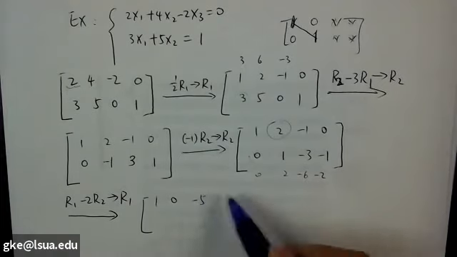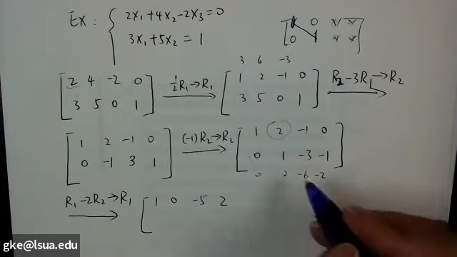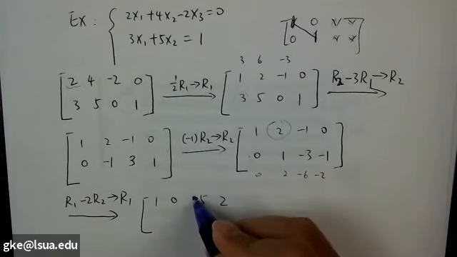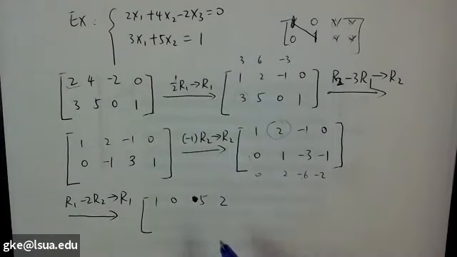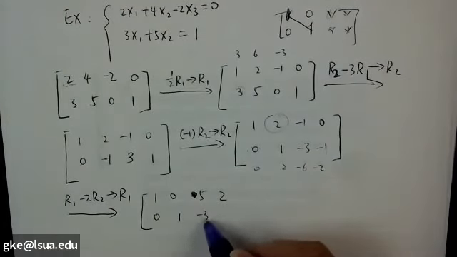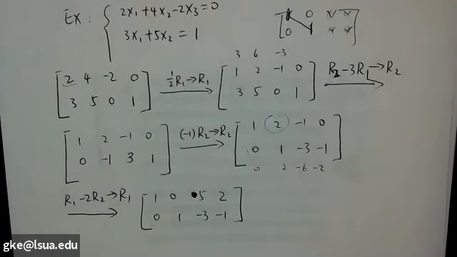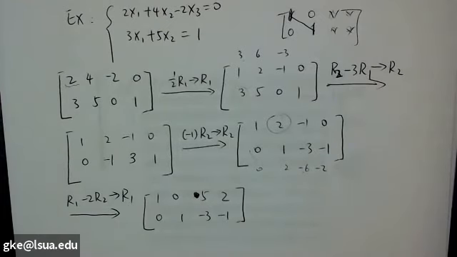Going to be a negative 5, 2. Oh, sorry. So it should be positive 5. Negative 1 subtract negative 6 is going to be a plus 6. Positive 2. Okay, we finish the Jordan elimination because we keep the element above the diagonal equal to 0. Right? Very simple. Now you can write down the equation.